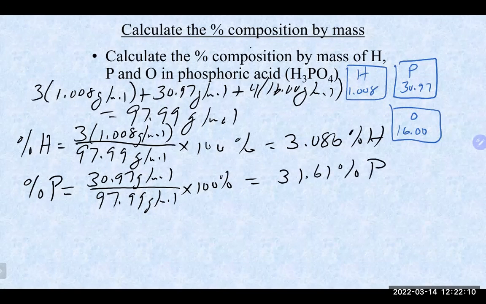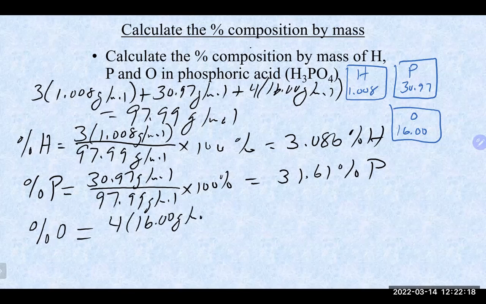At this point, again, you can just do the calculation, which would be 4 times 16, 64, divided by 97.99 times 100%.